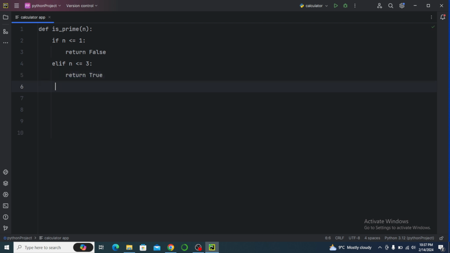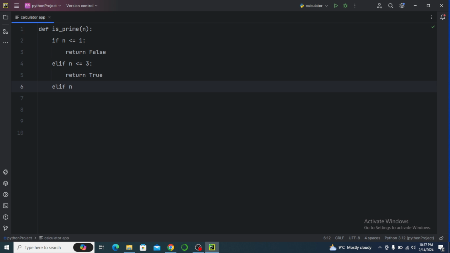So what else again? We're going to use the elif statement. Elif. Now what are we defining? We're saying that if the number is divisible by 2 or 3, it's not a prime number. So the function should return false now. If the number is divisible by 2 or 3, it's not a prime number, so it should return false. So I'm going to put it into statements.